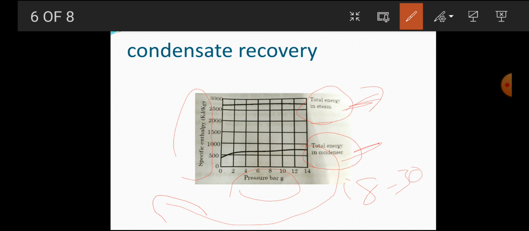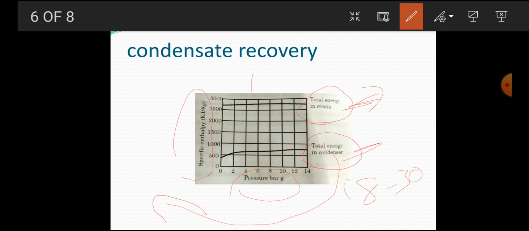So for every 6 degrees Celsius rise in the feed water temperature, there will be approximately 1% saving of fuel in the boiler.